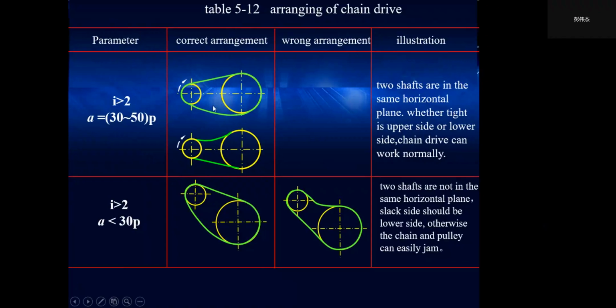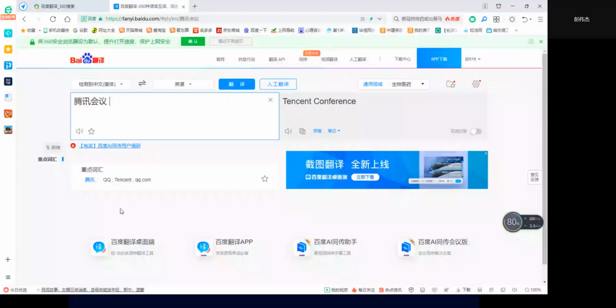So both of the two layouts are acceptable. If the speed ratio is larger than 2, and center distance A is less than 30 times pitch P, two shafts are not in the same horizontal plane.